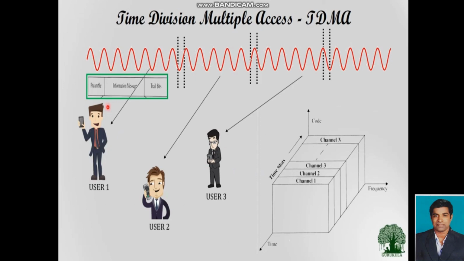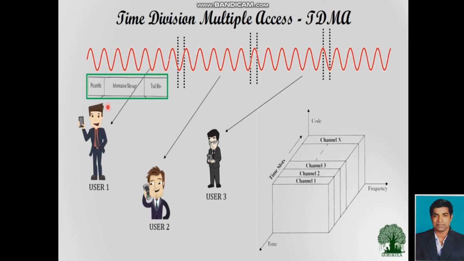That means in the three-dimensional graph we can see each channel is allocated a time slot, and these signals consist of three fields. One is the preamble, another is the information message, and the last is the trail bits.